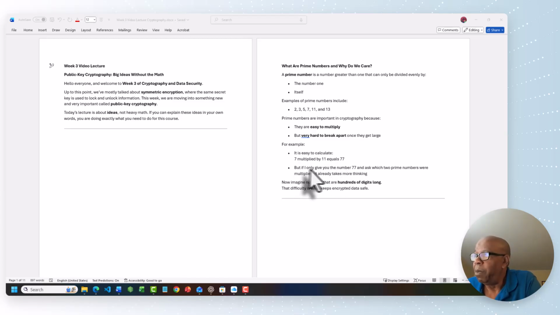But if you give the number 77 and ask what 2 prime numbers were used to get it, that takes a little more effort. And the more effort it takes someone to break the code, the more likely they may give up, or it may take too much time to figure out what these prime numbers are in order to crack the code.